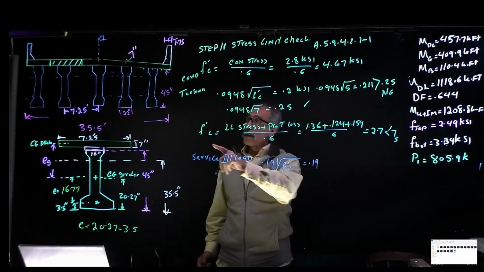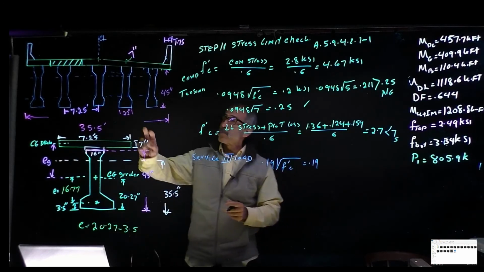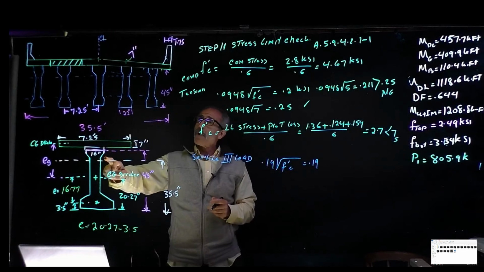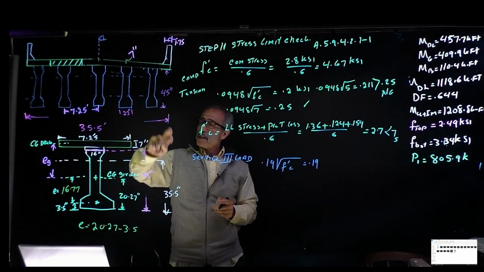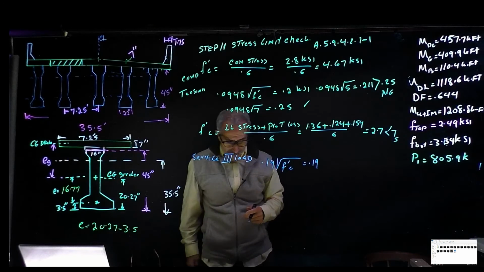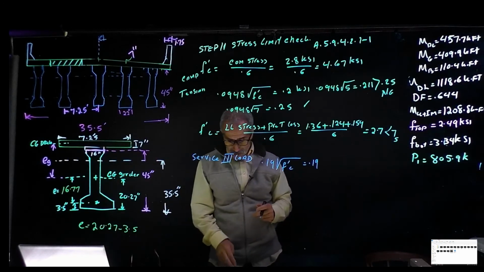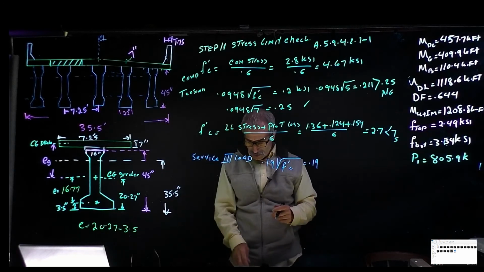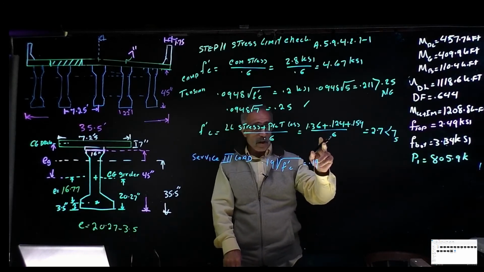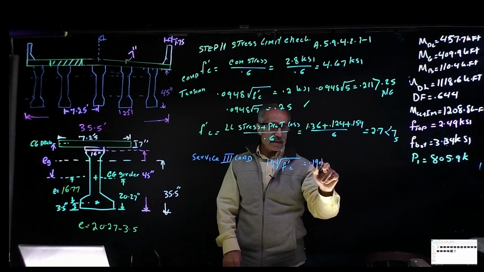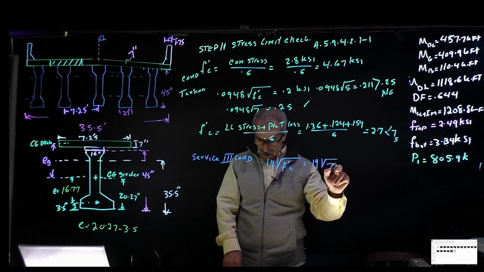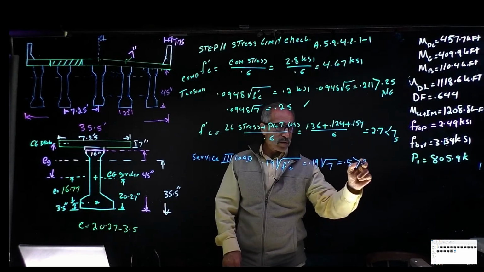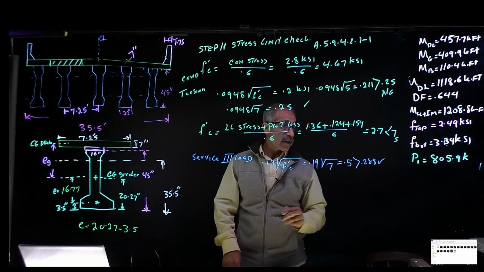If we convert this to 7,000, be careful when we do this. At the beginning we used 5,000, so our N came out 1. But if we had this 7,000, then our N is going to be different. But for now, we're going to stay with that. Normally, we don't use 5,000 psi for these, just for the example to show here why it didn't work out. So it's 0.19 times, say we use 7,000 psi, and that's going to come out to 0.5, which is more than 0.288, and that's going to check out.